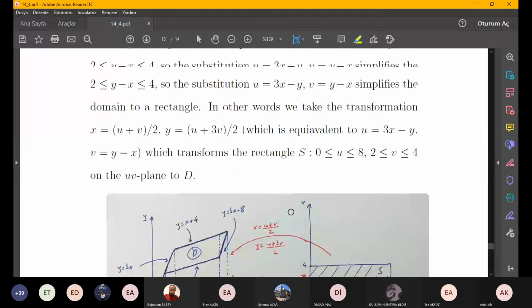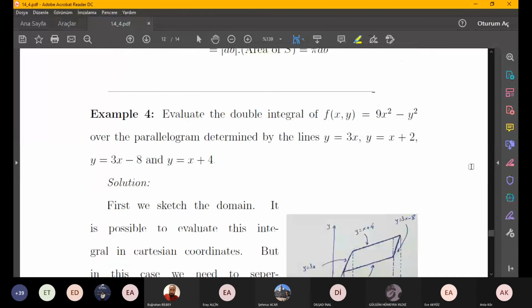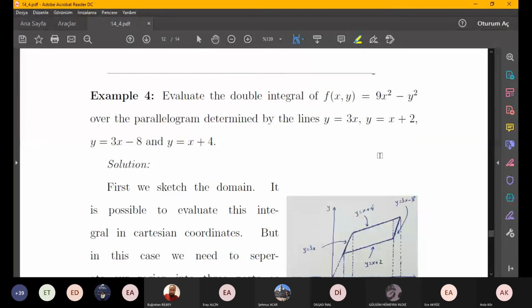Here we have one more transformation on uv, but let's see how we will choose the transformation.